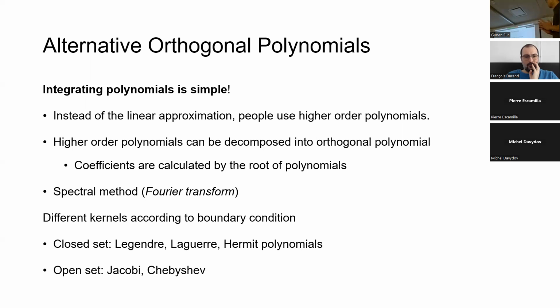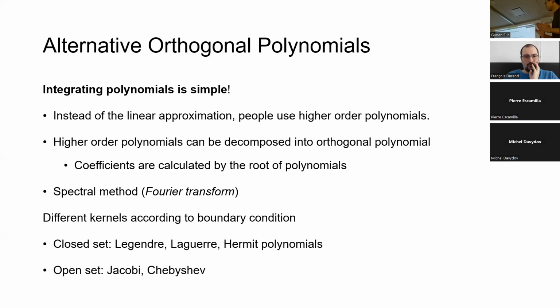This is a bit abstract, but imagine this map as a Fourier transform. The Fourier kernel is exponential, but the kernel we use here can follow the Lagrange polynomial or Hermite, Chebyshev, etc. The reason people use different kernels is that different orthogonal polynomials consider different boundary conditions.